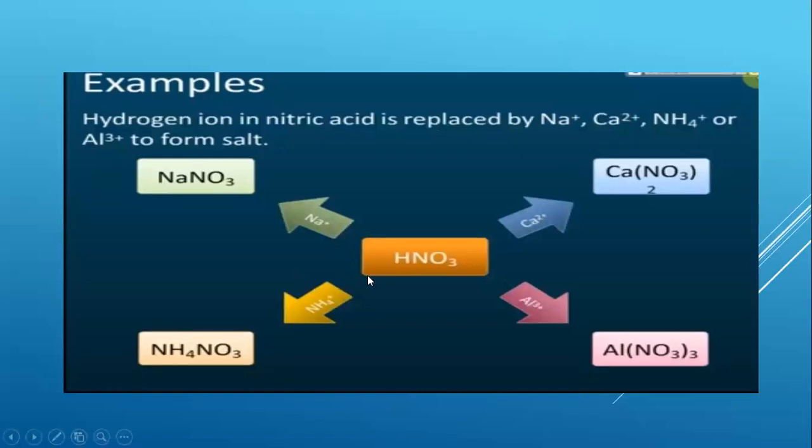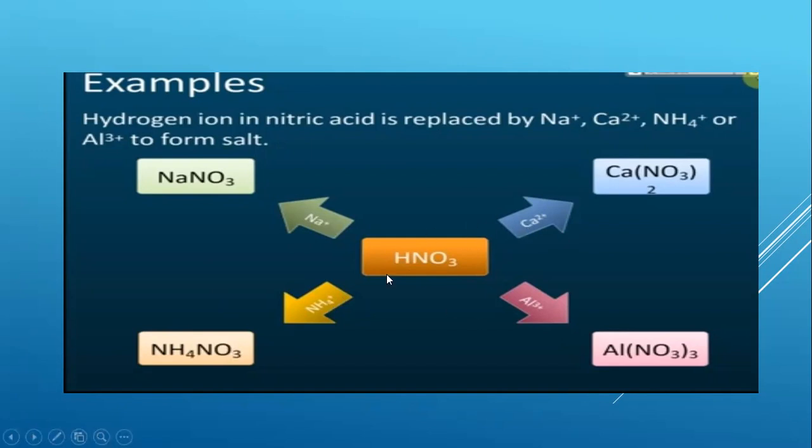Now we explain how salt is produced. This is nitric acid and it is an acid. This hydrogen from the nitric acid is replaced by metal ion sodium, and the product produced is NaNO3, that is sodium nitrate, and it is a salt. In the same way, this hydrogen from nitric acid is replaced by ammonium ion, and the product is ammonium nitrate, which is a salt.